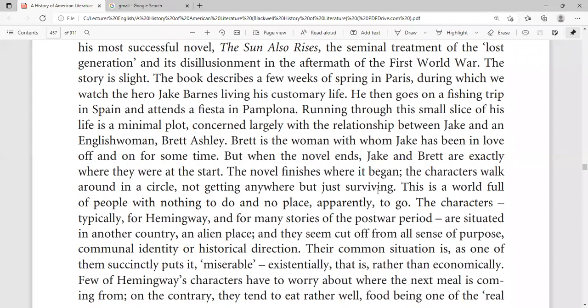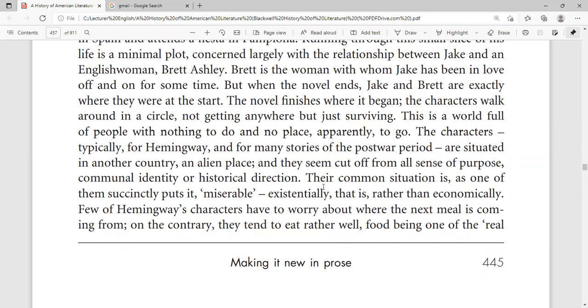The characters typically are situated in another country, an alien place, and they seem cut off from all sense of purpose. They are cut off from communal identity or historical direction. Their common situation is miserable.